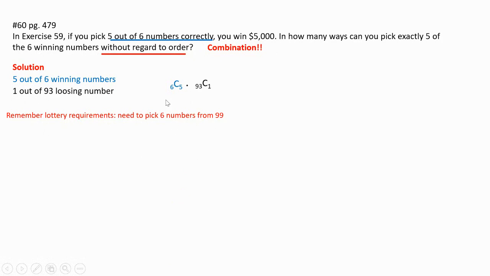So it's going to be 93 combination 1. Again, 99, and this is my 6 right there. So these two must equal 99. The first two and the second two must equal 6. So 6 combination 5 will be 6 times 93 combination 1 will give 93. So 6 times 93 will give us 558.